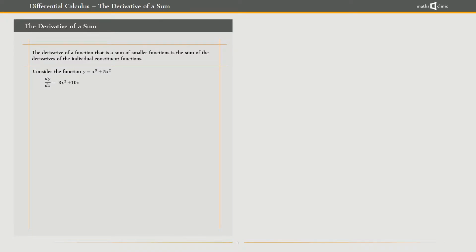It's that simple. And there are certain things you need to take note of. If you have y equals x, then dy/dx equals 1. So if you're ever given a function with an x in there, you need to know that when you find the derivative of x, you have 1.